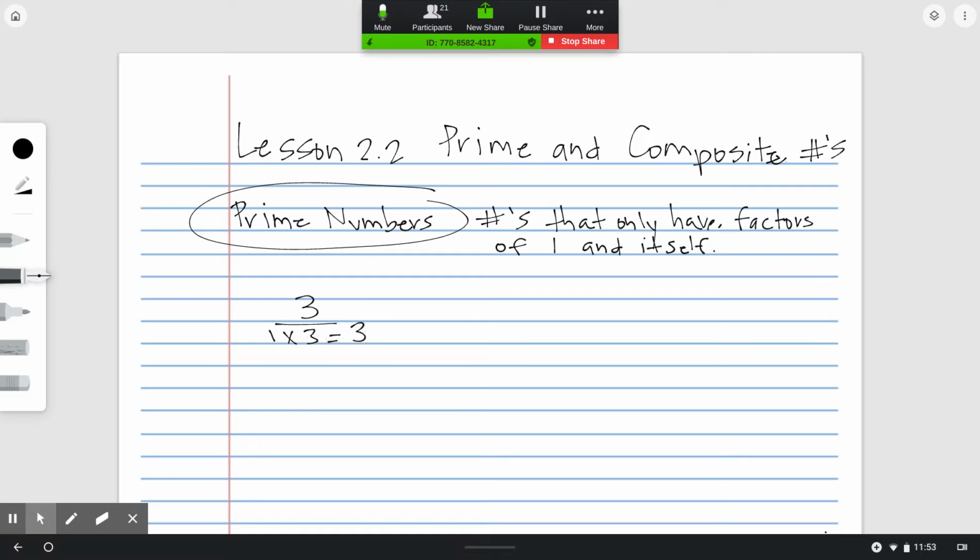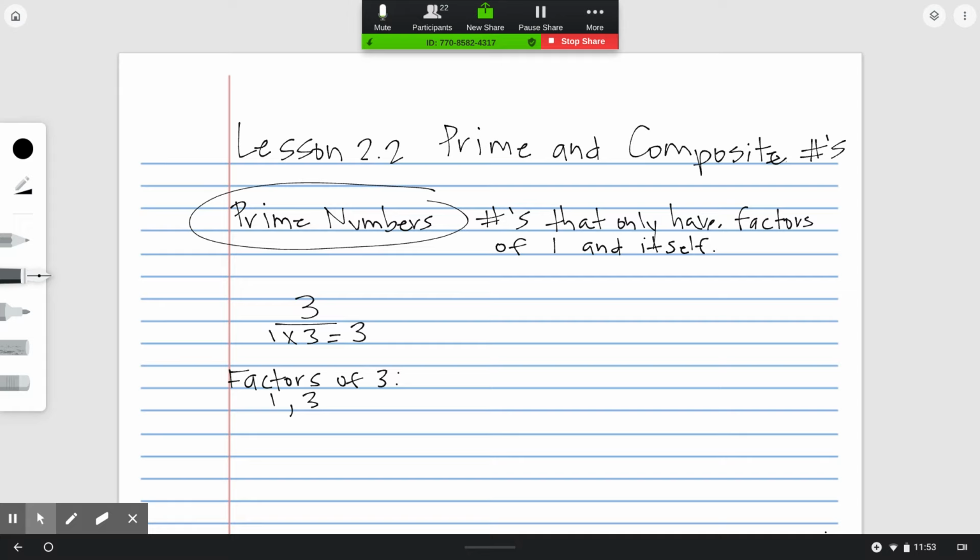That's my only combination. Factors of the number 3 are 1 and 3 in my list.